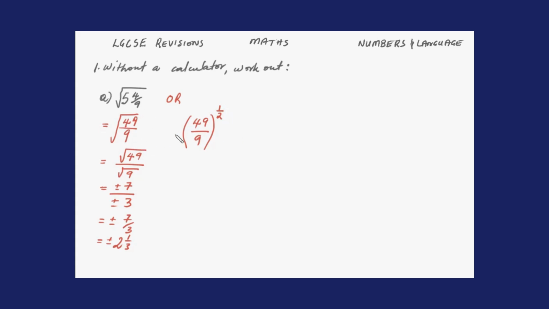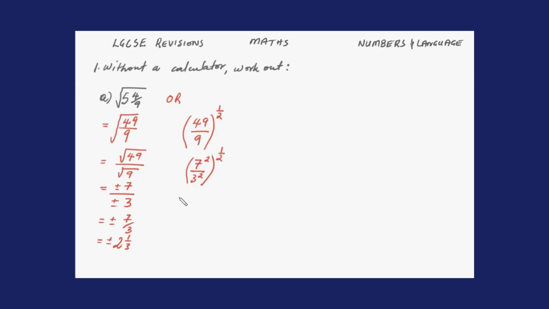All right. So now we have written this in index form. Let's write the numbers inside also in index form. So 49 is the same as 7 squared over 3 squared, all to the power half.